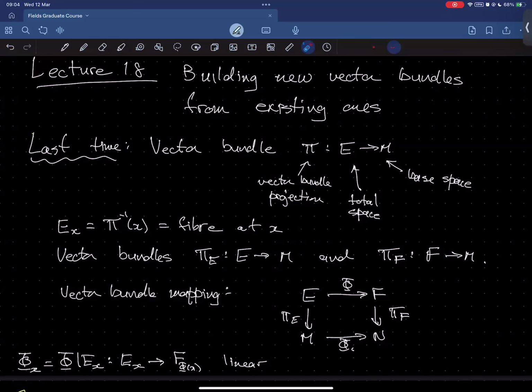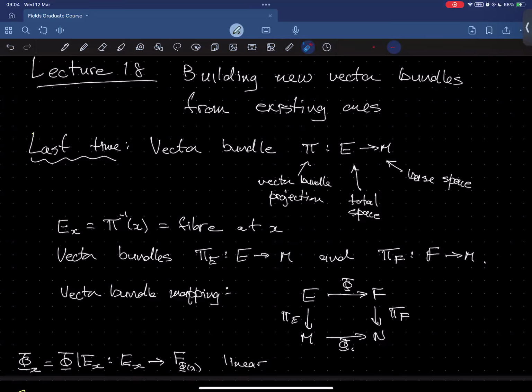Okay, so that's the base space, and then there's the projection from E to the base space. Okay, and then we had the notion of a fiber. So if you take a point X in M, then the set of all points which map to X is called the fiber. I don't think I introduced this notation, but common notation for the fiber is E sub X.